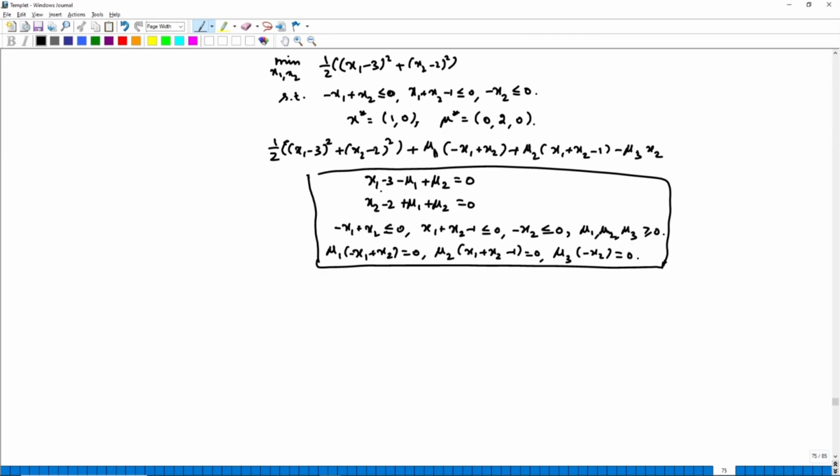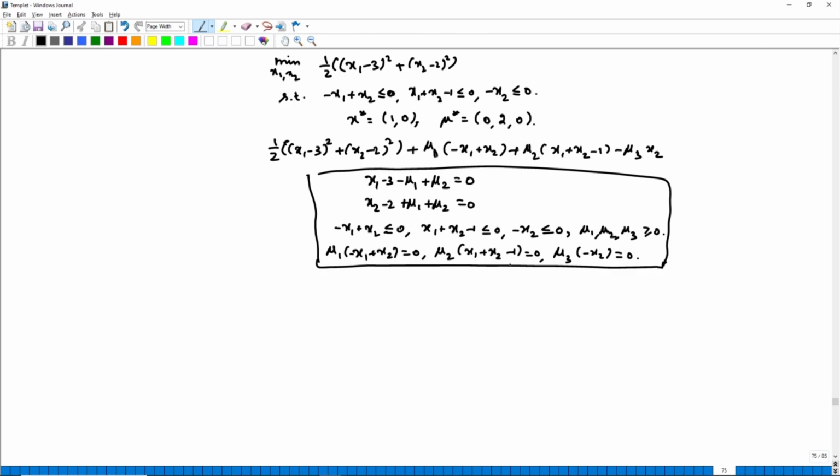You can see that the first equation is satisfied because mu 1 is 0 and you have 1 minus 3 plus 2, that is 0, and similarly here mu 1 is 0, so we have 1 minus 2 plus 0 minus 2 plus 2 is 0, right. Minus 1 plus 0 is less than or equal to 0, 1 plus 0 minus 1 is equal to 0, and this is also equal to 0. You can see that the mu's are all greater than or equal to 0, and since minus x1 plus x2 is non-zero, it is actually minus 1, mu 1 has to be 0.